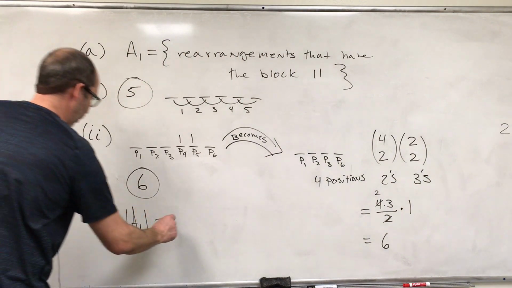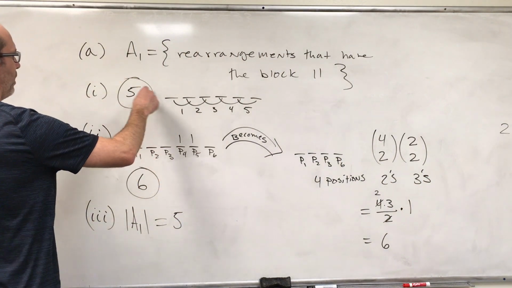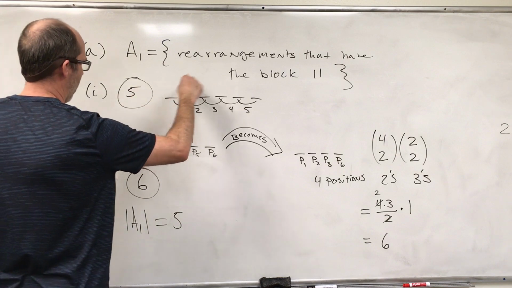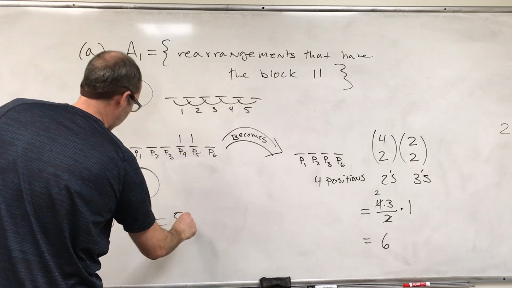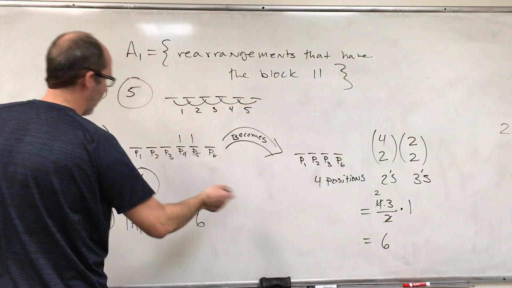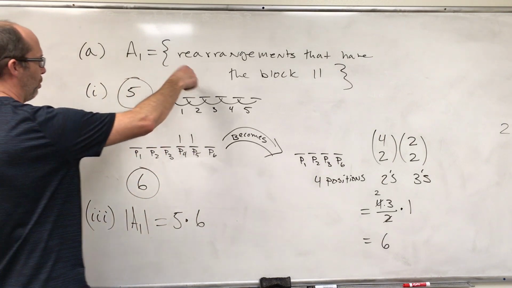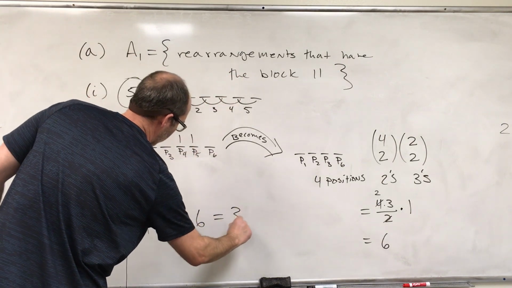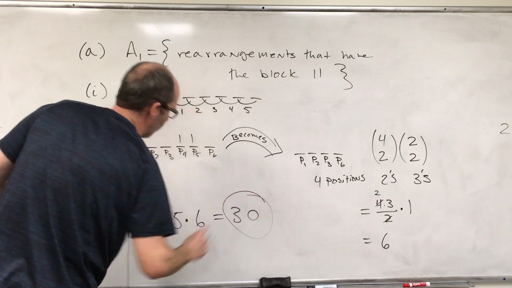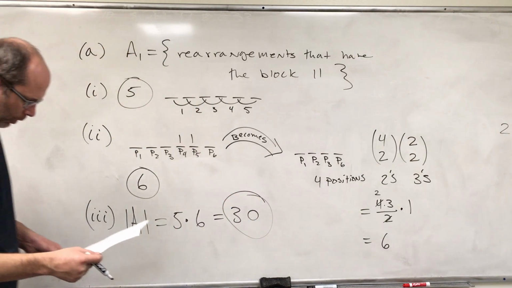So 5 ways to put the block of 1s, times 6 ways to rearrange the 2s and 3s once you pick one of those. It's 30.